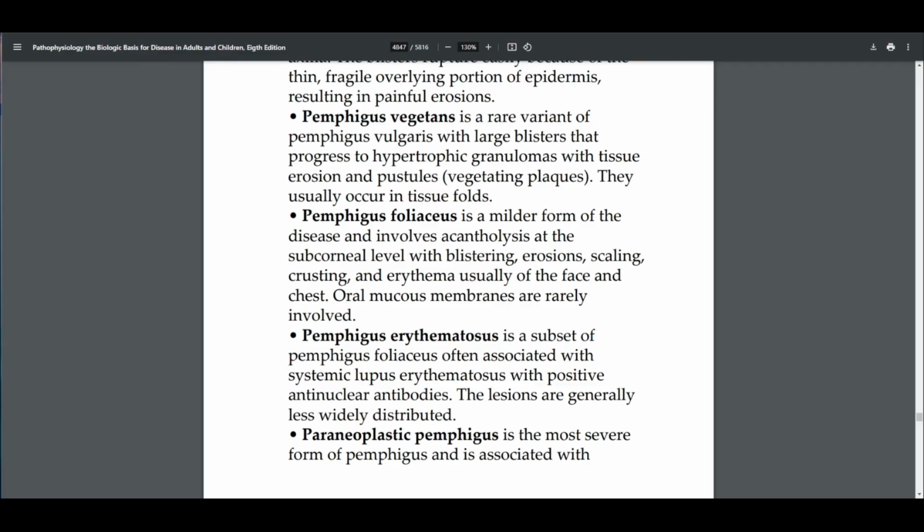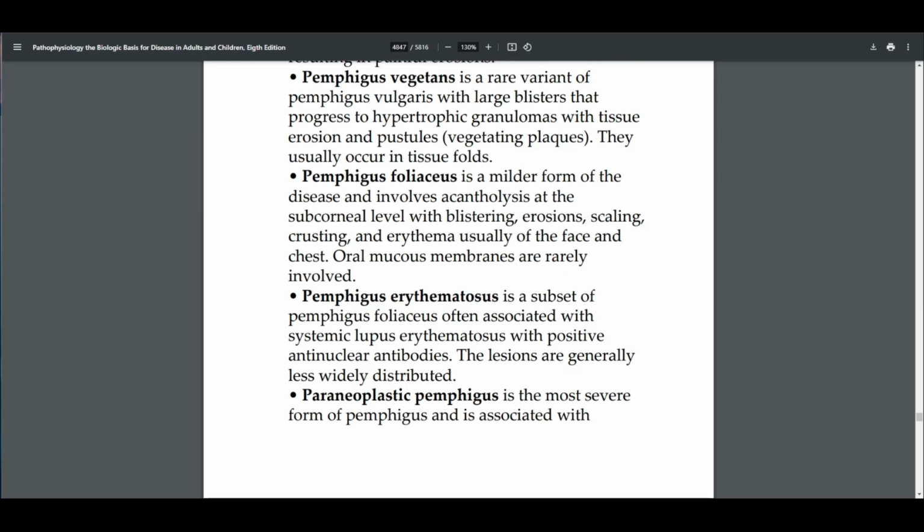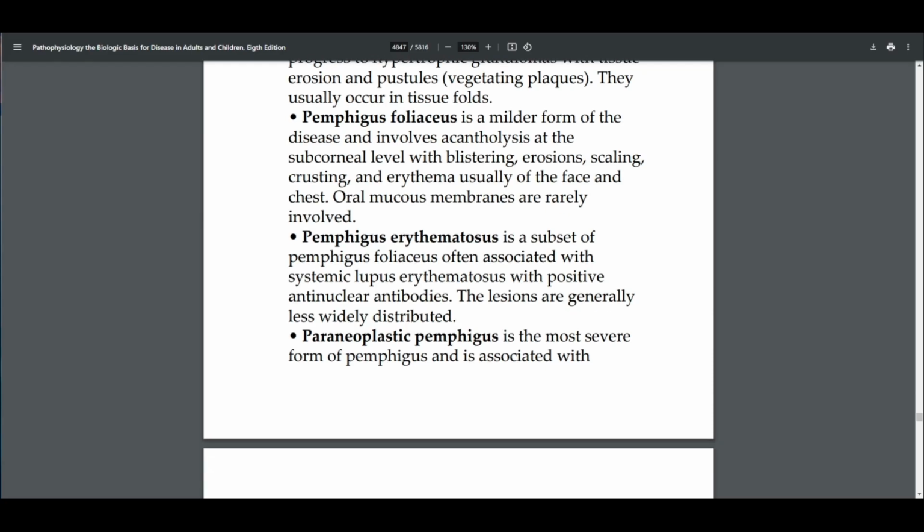Pemphigus vegetans is a rare variant of pemphigus vulgaris with large blisters that progress to hypertrophic granulomas with tissue erosion and pustules. They usually occur in skin tissue folds. Pemphigus foliaceus is a milder form of the disease and involves acantholysis at the subcorneal level with blistering, erosions, scaling, crusting, and erythema, usually of the face and chest.